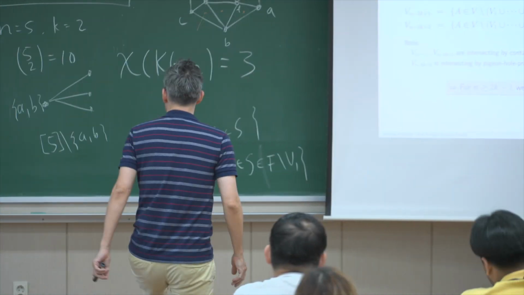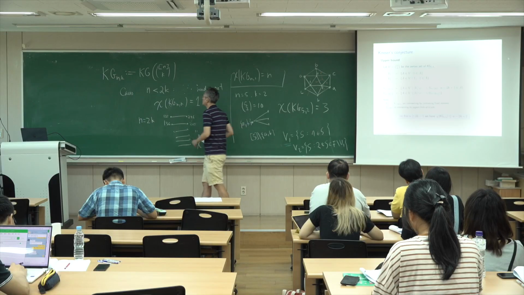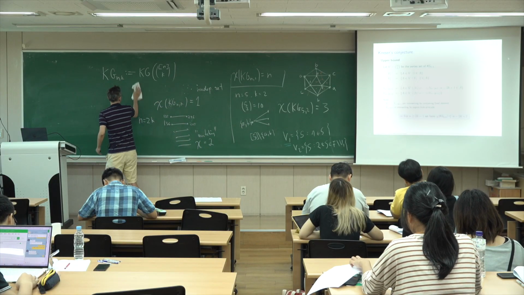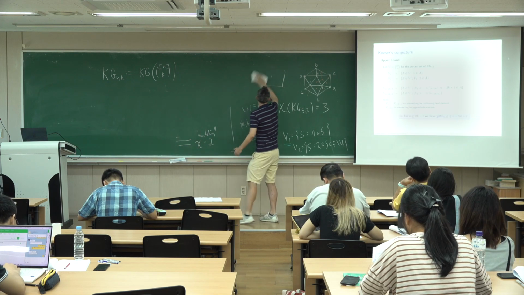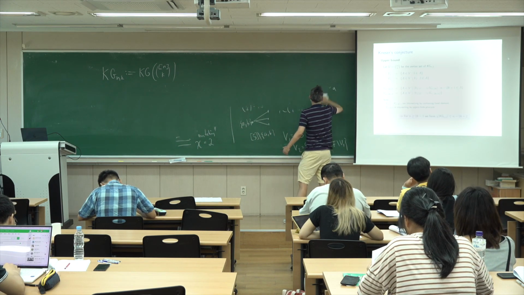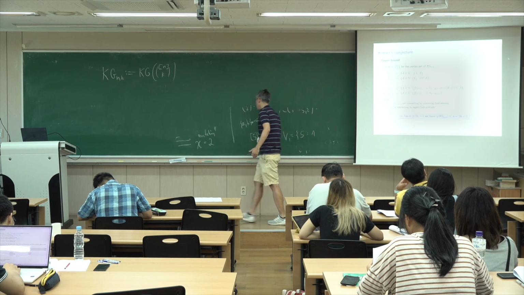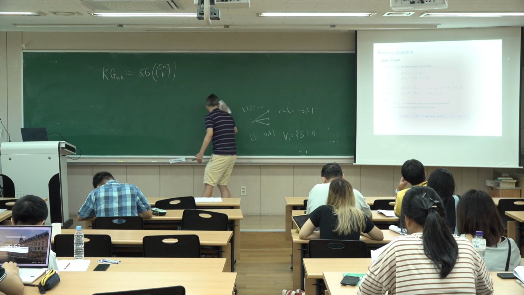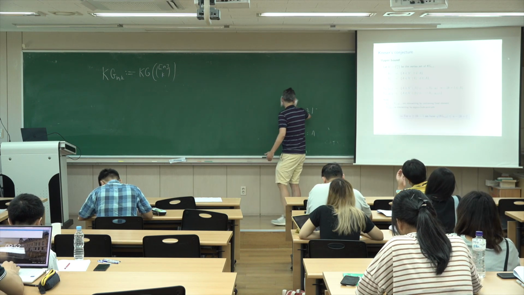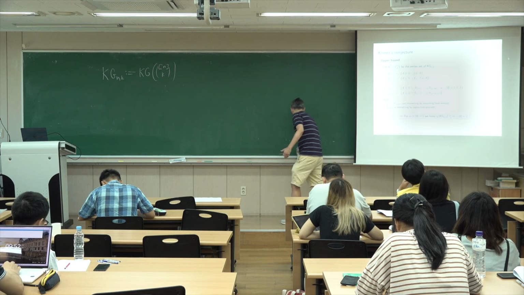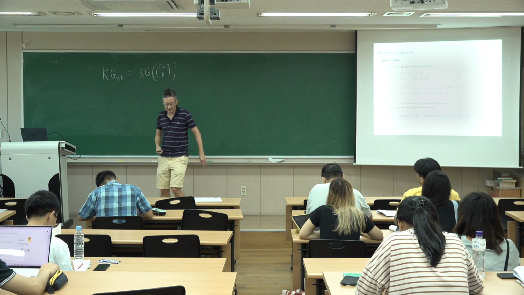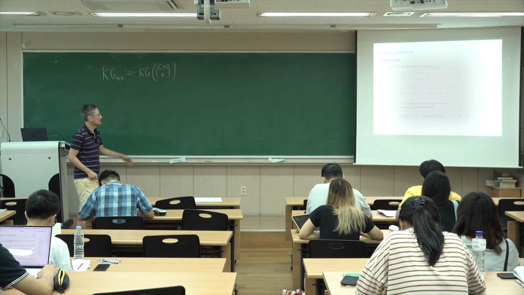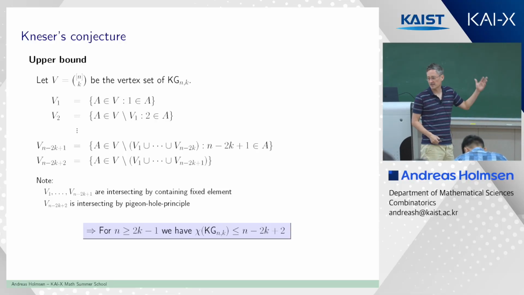Now, we generalize this to a general coloring of the Kneser graph. It's just following that same example. So this is the same coloring, just generalized. V1 is all the sets that contain element 1.